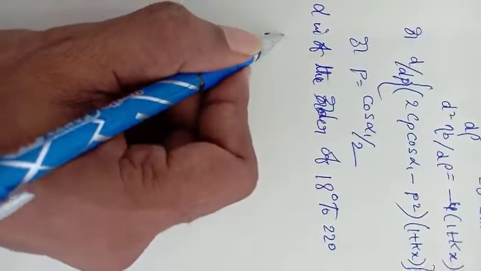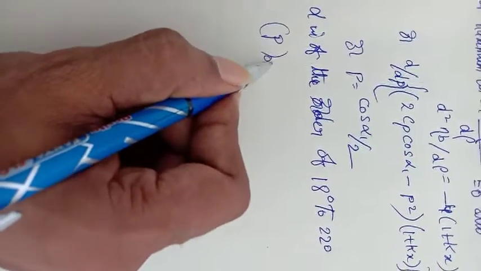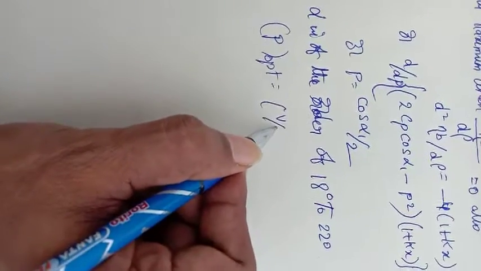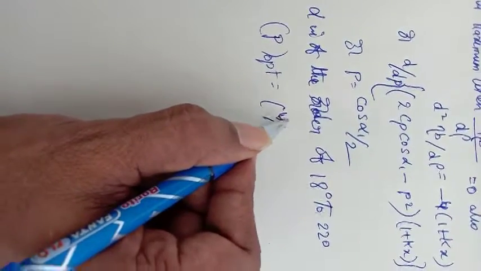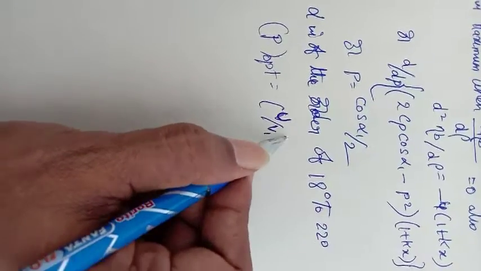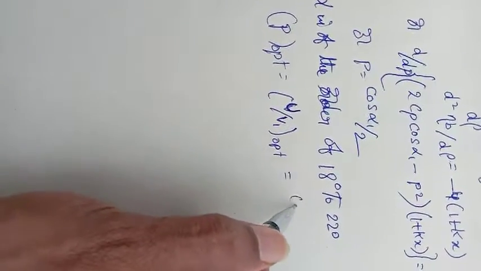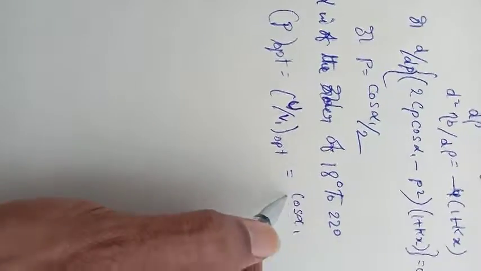Okay, now rho optimum is equal to u by V1 optimum, that is equal to cos alpha 1 divided by 2.